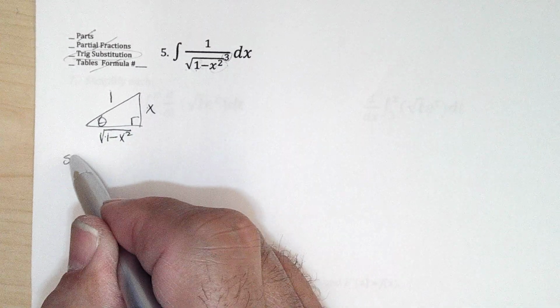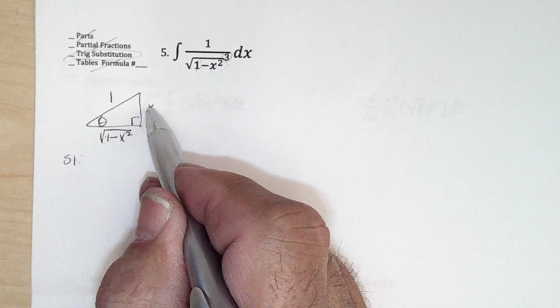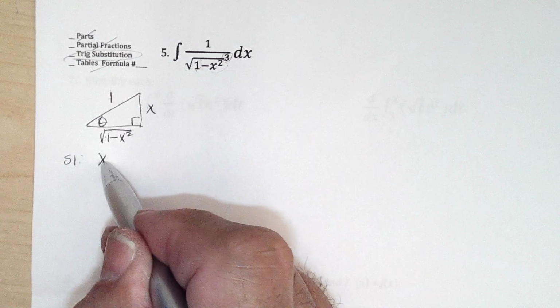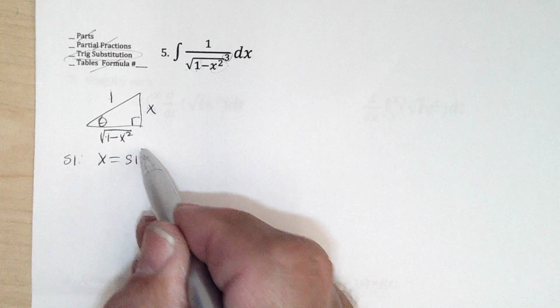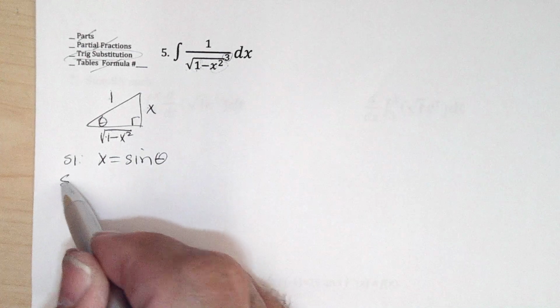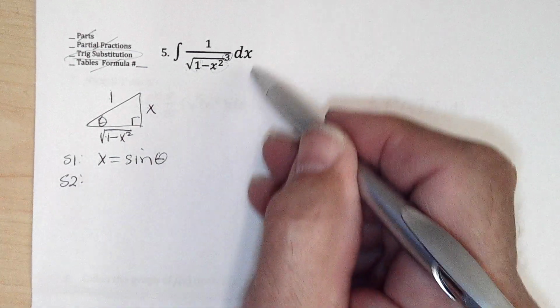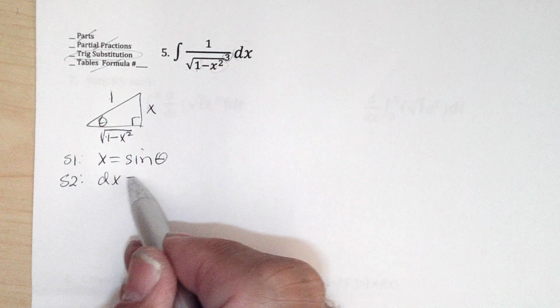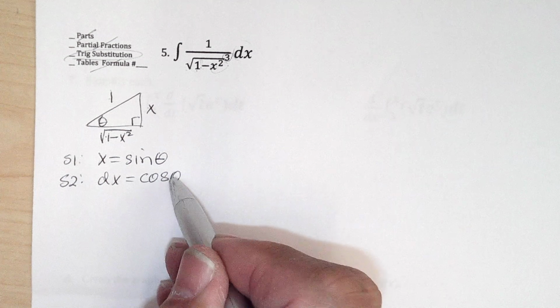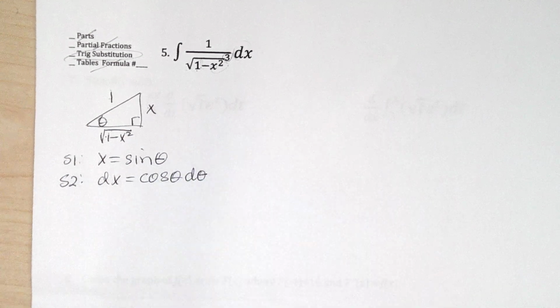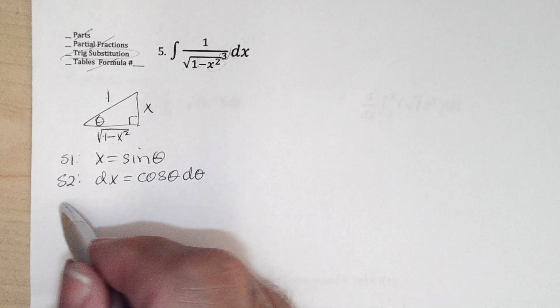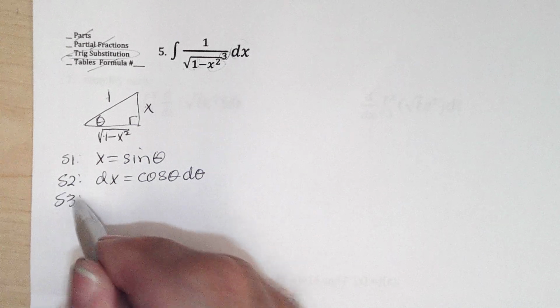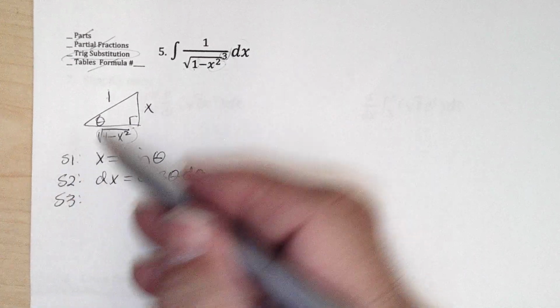So step 1, x over 1, or x, is sine theta. Step 2, we need a dx, so we take the derivative, and dx equals cosine theta d theta. And step 3, we need an expression for that.